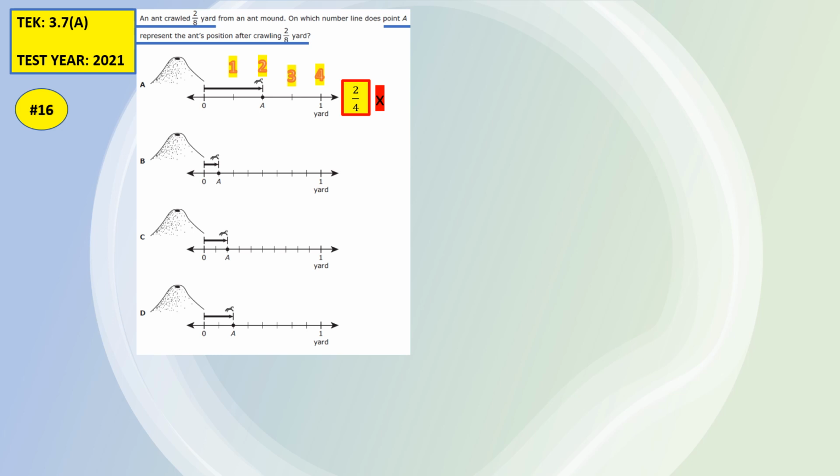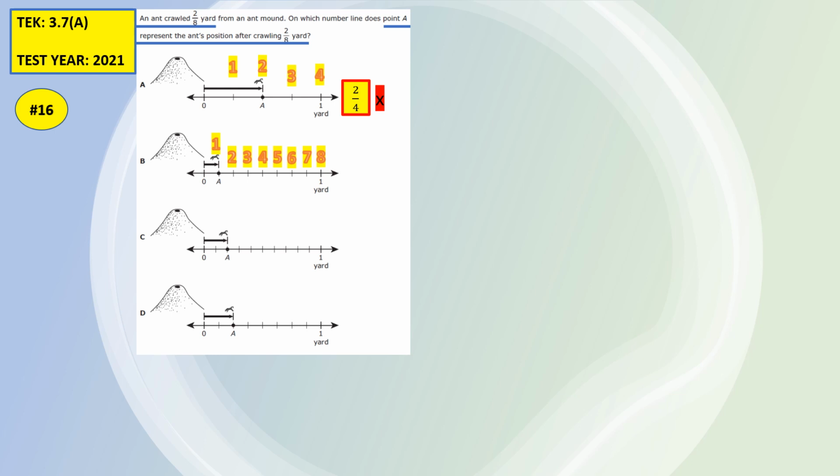Let's look at answer choice B. So we start at 0 and we count our first mark, which is 1. The next mark would be 2, 3, 4, 5, 6, 7, 8.